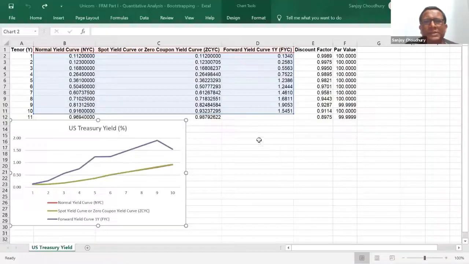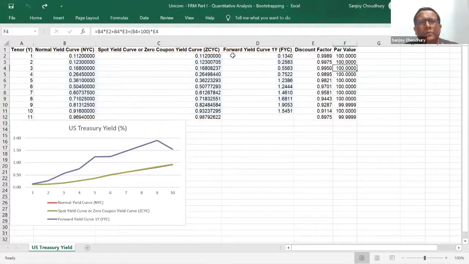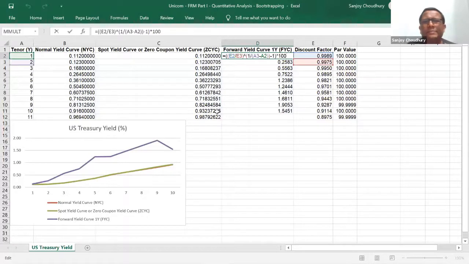So the same thing is being done here in this forward yield curve. As you can see here, the same expression which we had earlier: discount factor 1 divided by discount factor 2, given in E2 and E3, raised to 1 divided by T2 minus T1, which is given in A3 and A2, minus 1. The last 100 is just to convert that into a number, otherwise it will be in percentages.